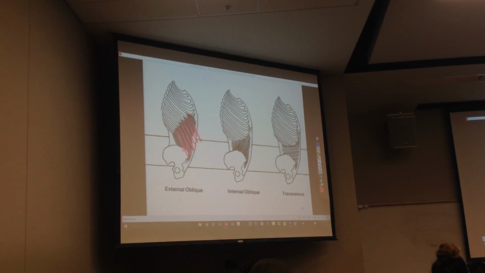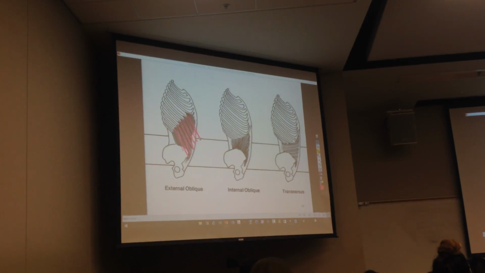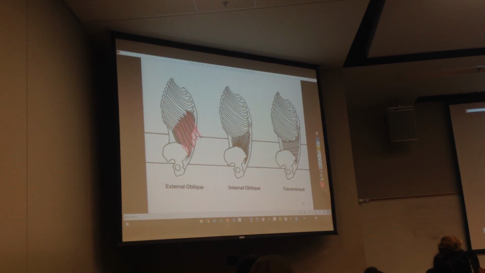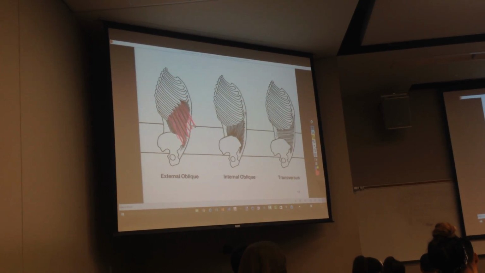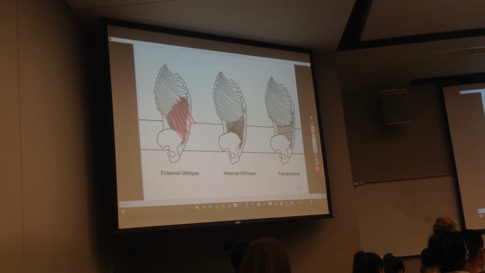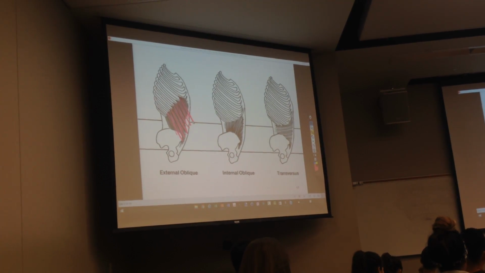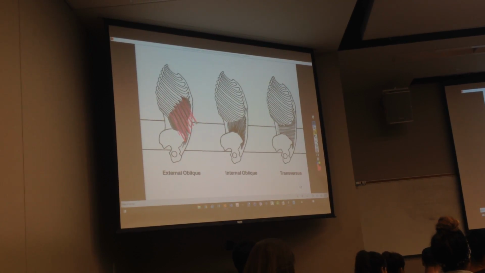Now, what's the purpose of having this body wall musculature? Why do you have it? All sorts of different functions. What are some of the functions? Movement, support, what else? Protection. Protection, right? And what else?